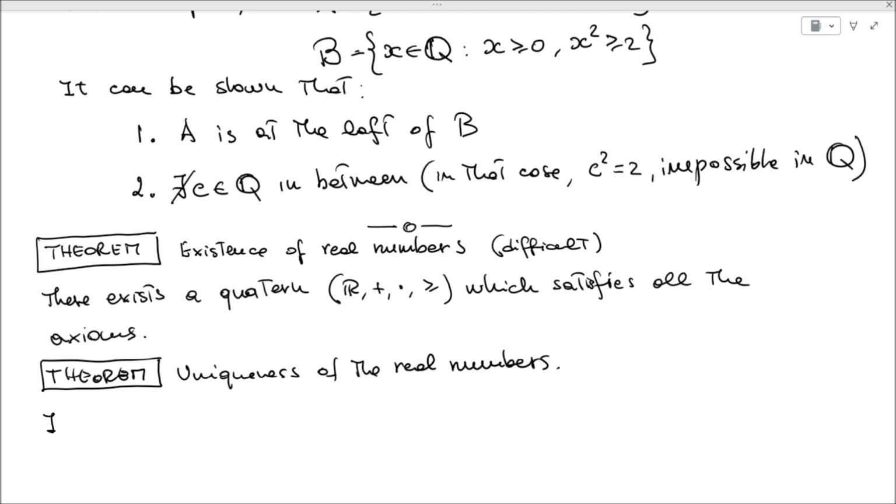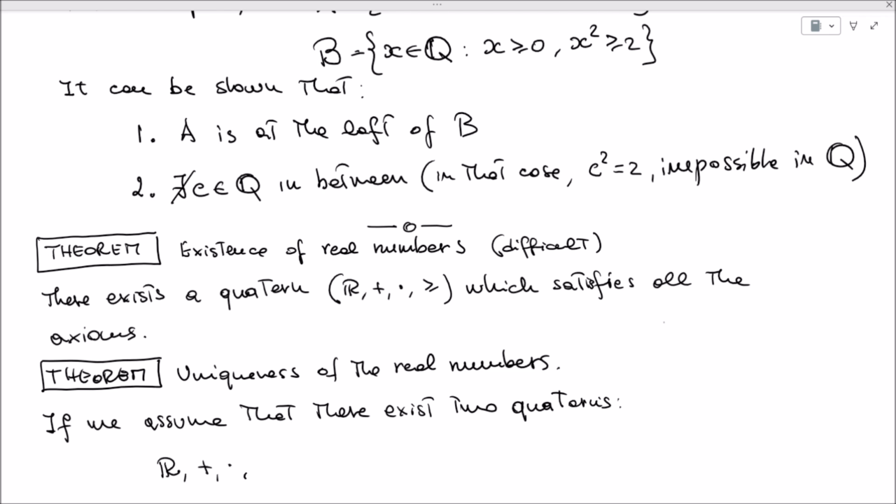It will be basically proving that, if we assume that there exist two quaterns, let's say R, plus, times, so this is the first quatern, and let's say that we have another quatern, R circle, plus circle, times circle, and larger than or equal circle.